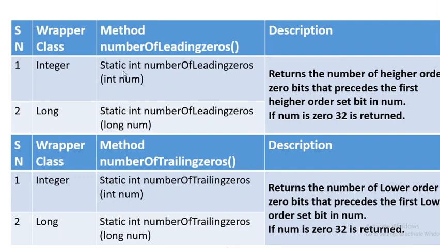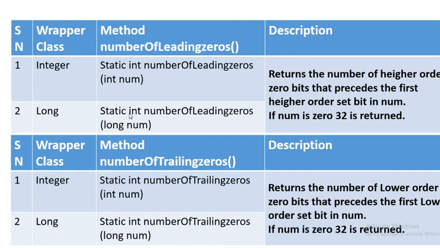In that binary form, it will check how many leading zeros are present. Leading zero means higher order zeros up to the first set bit, that means up to the first 1 bit. So it will count all the leading zeros, and that count will be returned. The return value is an integer.